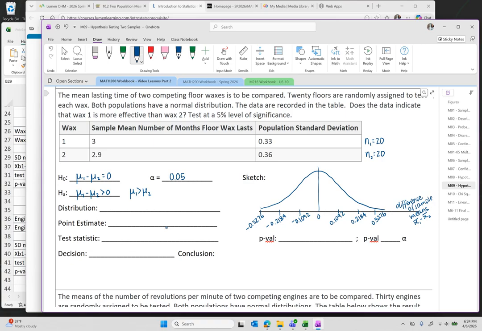The distribution, as we said, is going to be a normal distribution. We are talking about the variable x1 bar minus x2 bar. It follows a normal distribution.